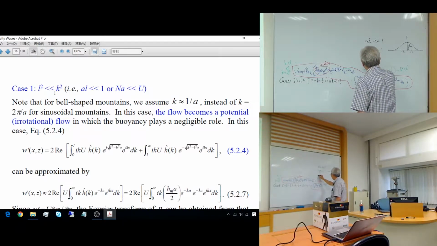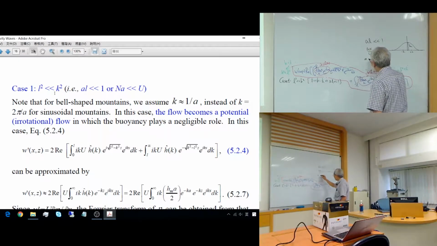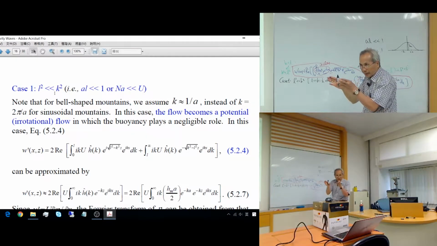This implies physically that A is either or combined. Either A is much less than 1, small a. What does that mean? That means a narrow mountain.